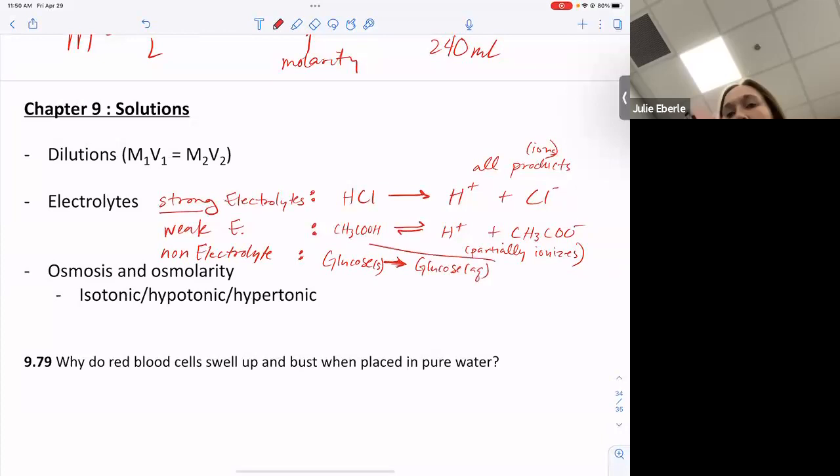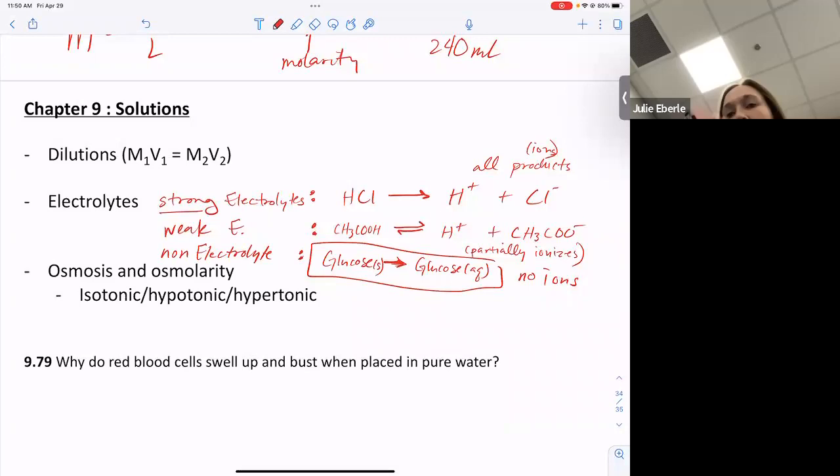Okay, we'd represent the reaction like this, but nowhere in that does glucose break apart into ions. So you get no ions, okay? Fructose, sucrose, hormones would be molecules that we do not consider to be electrolytes.